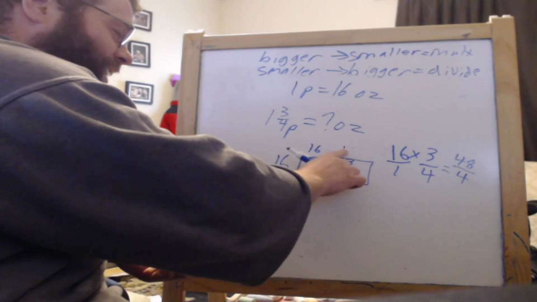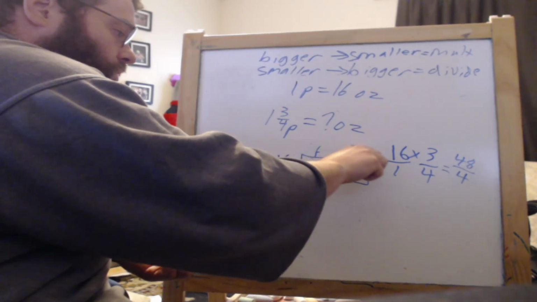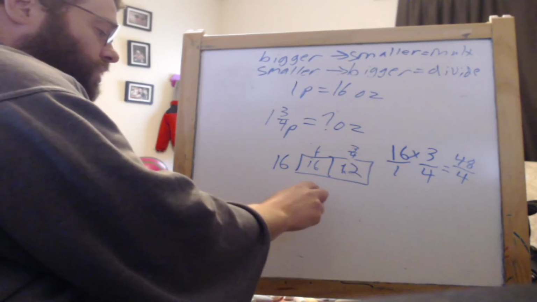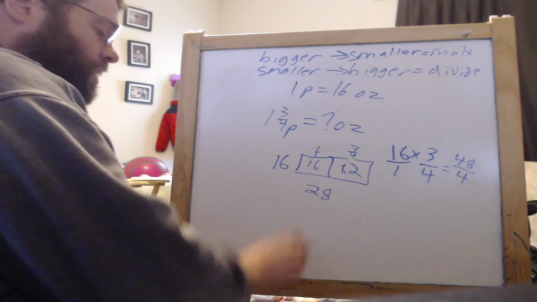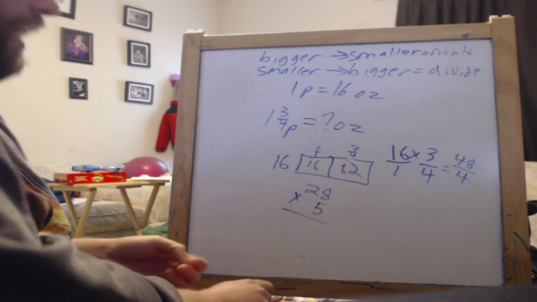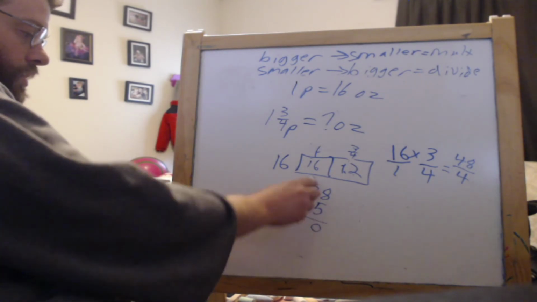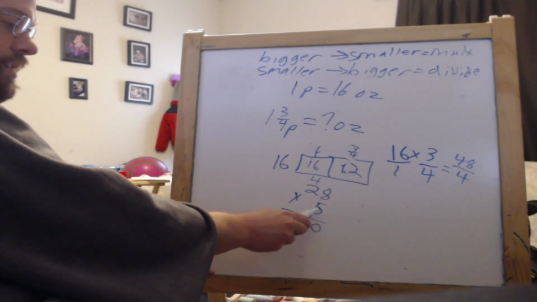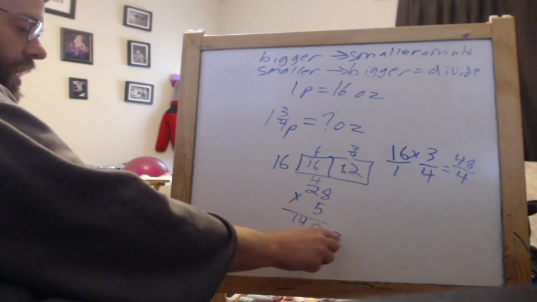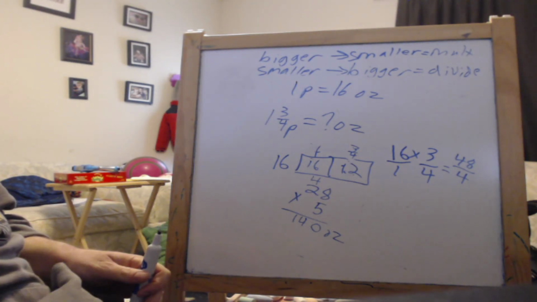I set this up wrong, but anyway, it should be 1 and then 3/4 here, and this would be 16, this would be 12. So 16 plus 12 is 28, and then we are doing 28 times 5, because 28 is the amount of ounces that the dogs eat each day. 5 times 8 is 40, and then 5 times 2 is 10, plus 40 equals 140 ounces. So, in 5 days, the dogs would eat 140 ounces.